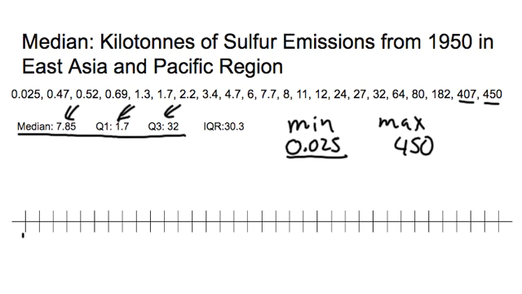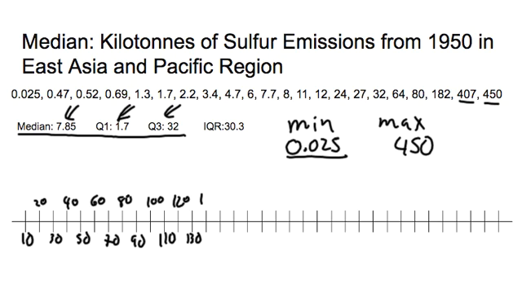Okay, so I'm going to say that this is 10, and then this would be 20, 30, 40, 50, 60, 70, 80, 90, 100, 110, 120, 130, 140, 150, 160, 170, 180, 190, 200.